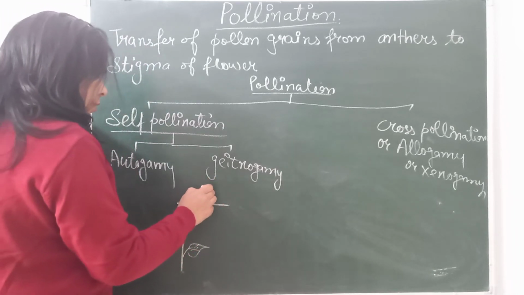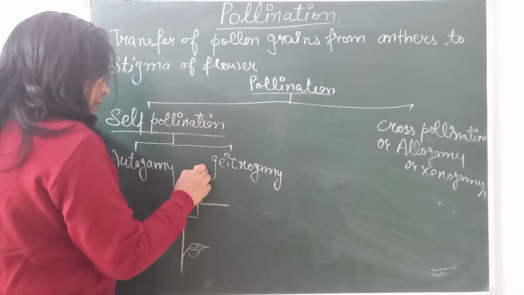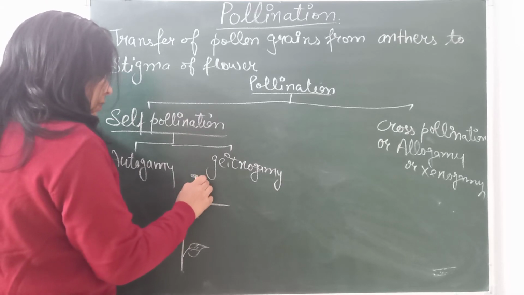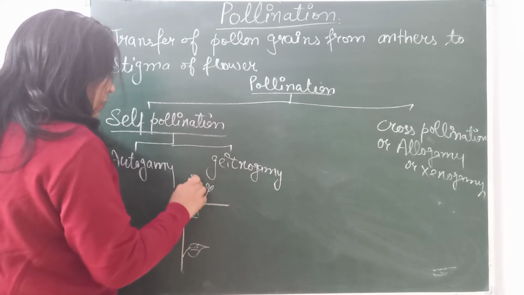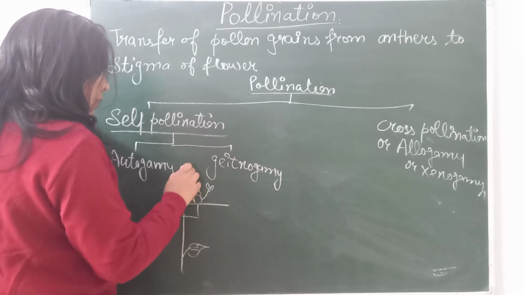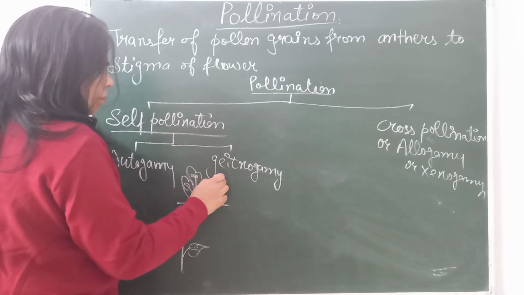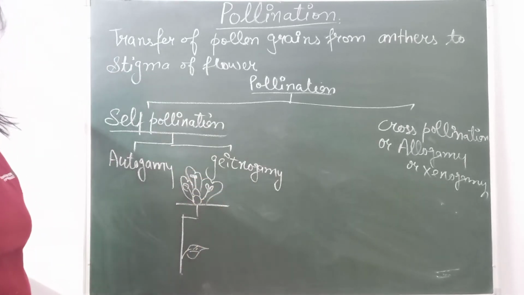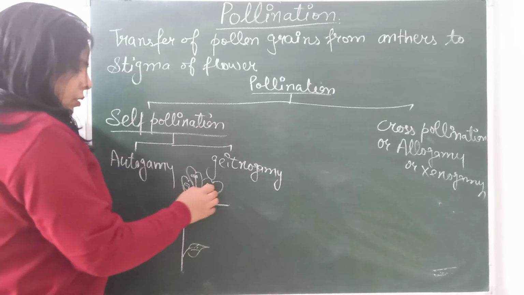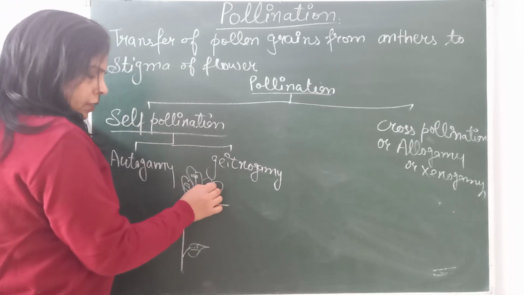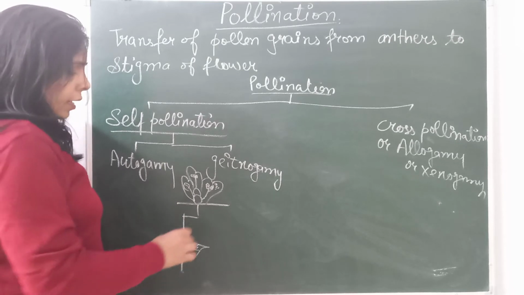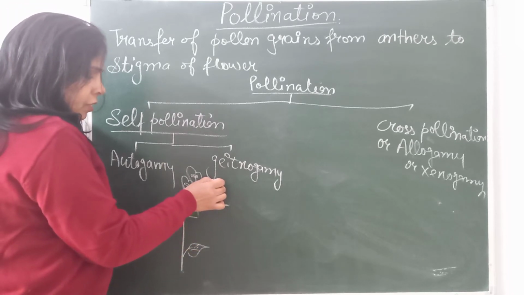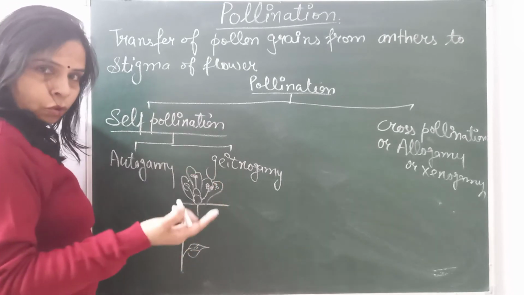This is a flower and it has its pistil part, and this is the anther, and these are its petals, right?